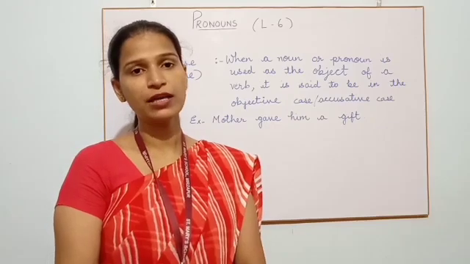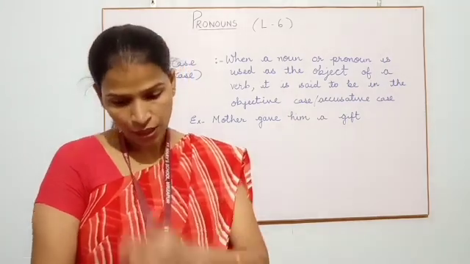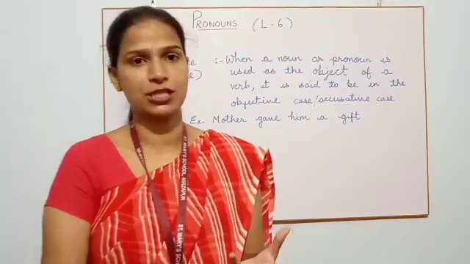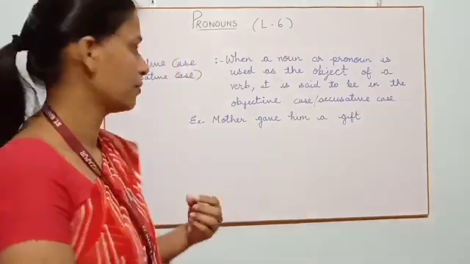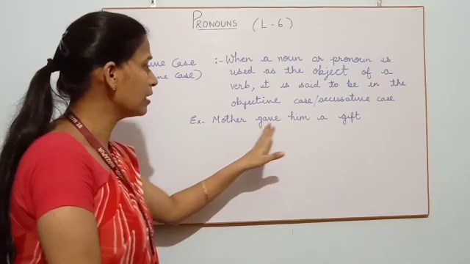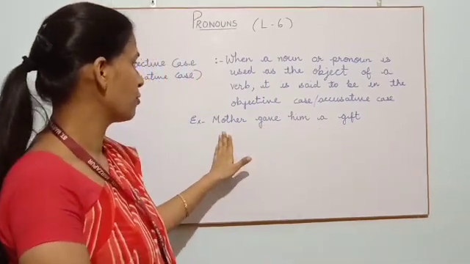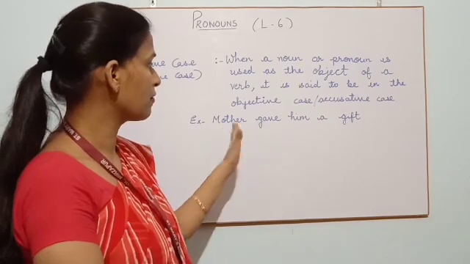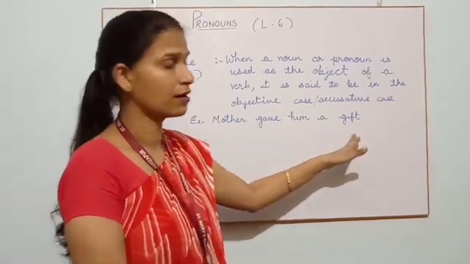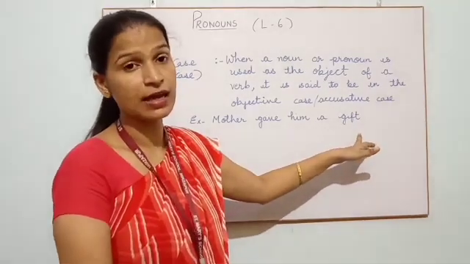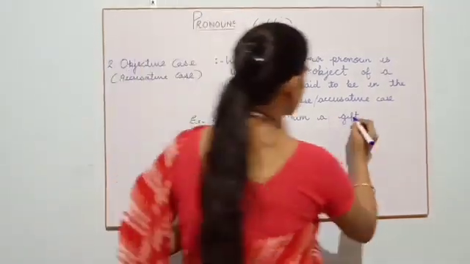When we have to find out the direct object, what we do? We ask the question what. Let's see. Mother gave him a gift. If I say what mother has given, you will say a gift. So this is your direct object.